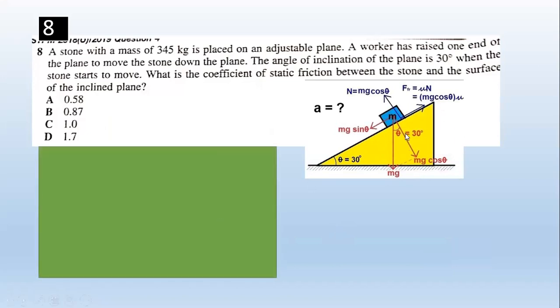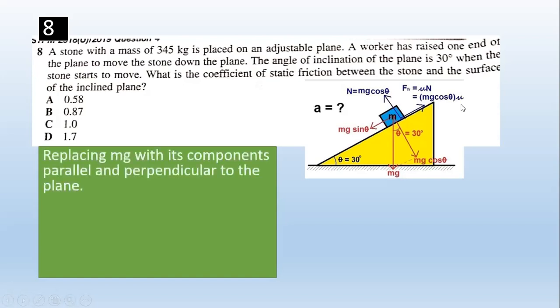Replace your mg with mg sine theta and mg cos theta as your normal reaction. Friction is just mu times N, and N is equal to this value. That's why you get that times mu. Replacing mg with its components, that's what we do. Parallel and perpendicular to the plane.